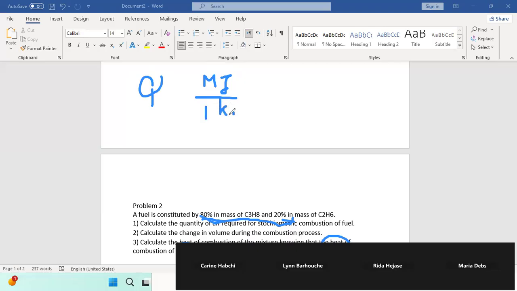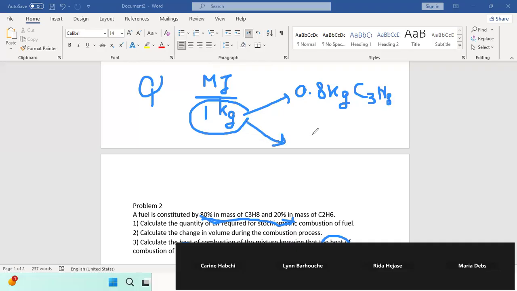Okay, so to be able to answer, you say, I know that 1 kilogram of fuel is decomposed into 0.8 kilogram of C3H8 and 0.2 kilogram of C2H6.